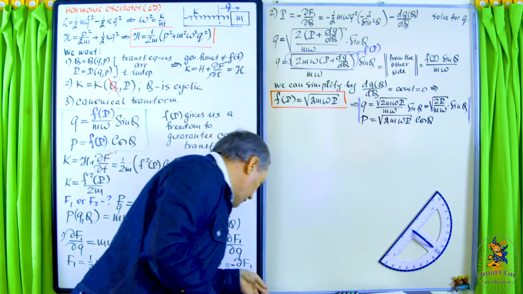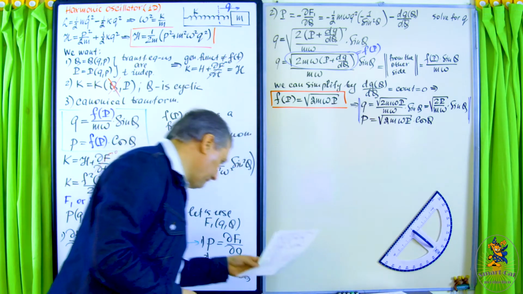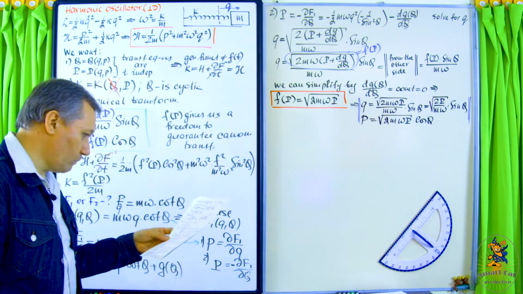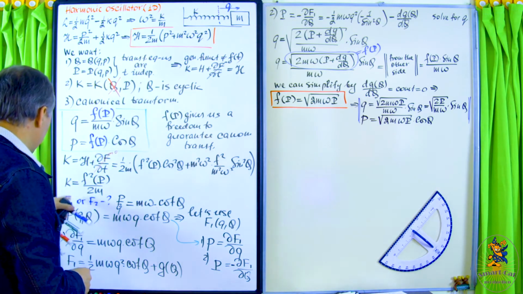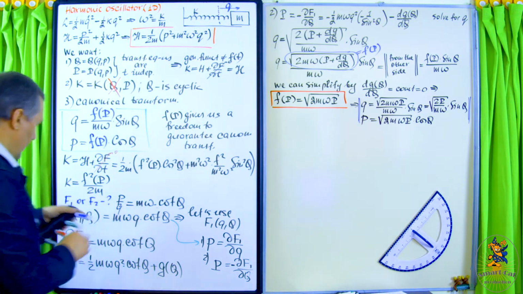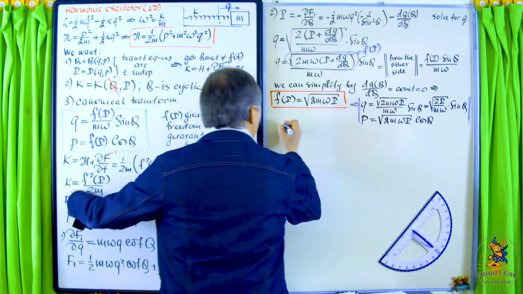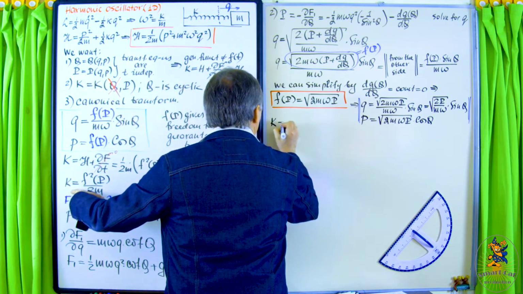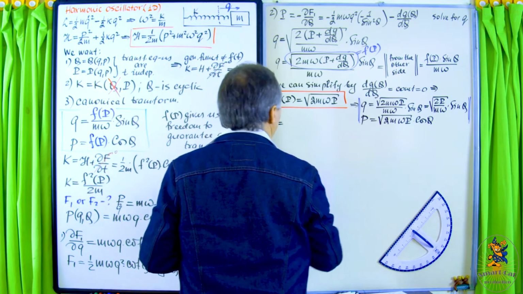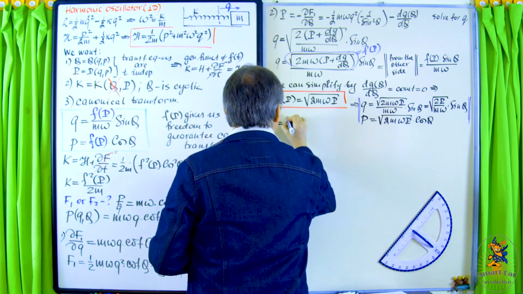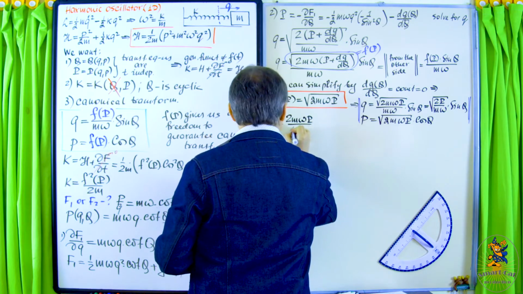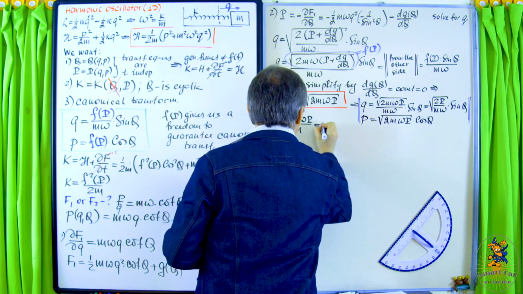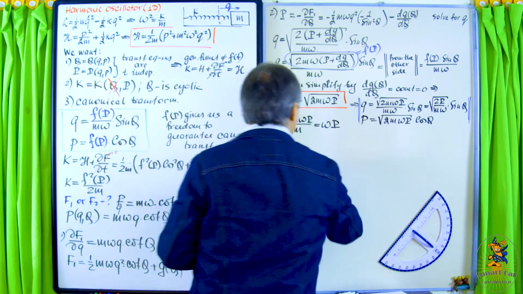All right, so next, let's write down the Hamiltonian. Let me check if I mentioned everything. So now let's write down the Hamiltonian, which is here. The Hamiltonian will be equal to f squared, so it will be 2m omega p divided by 2m, so it will be just omega times p.